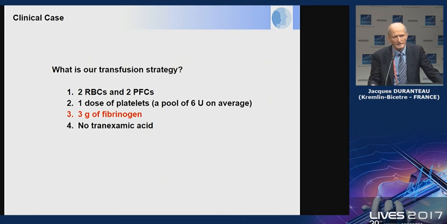And so I think that to order 2 red blood cells or 2 FFP, I'm sorry, it's not enough in this case, because we know that we will have a very difficult period when the surgeon will open the abdomen. Do you have comments on this, and what is your practice? What is your first order of red blood cells?